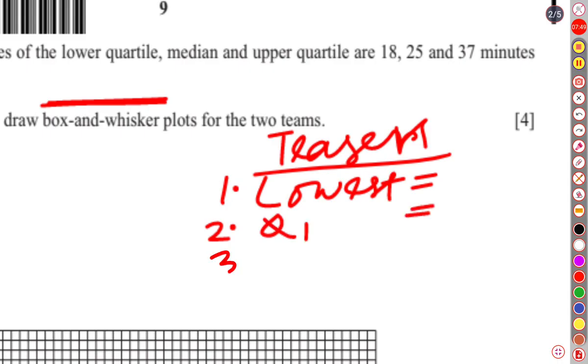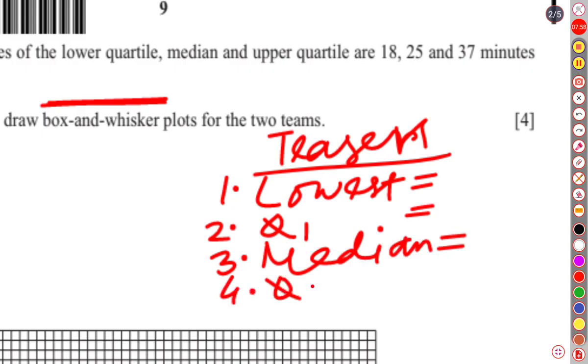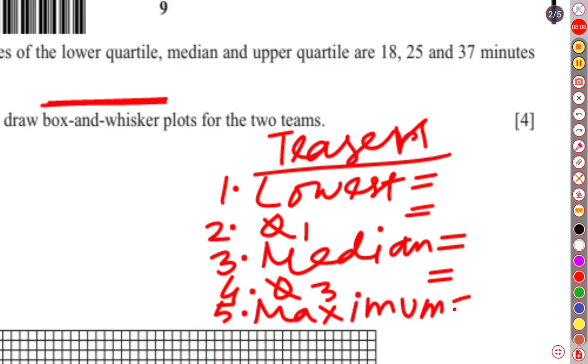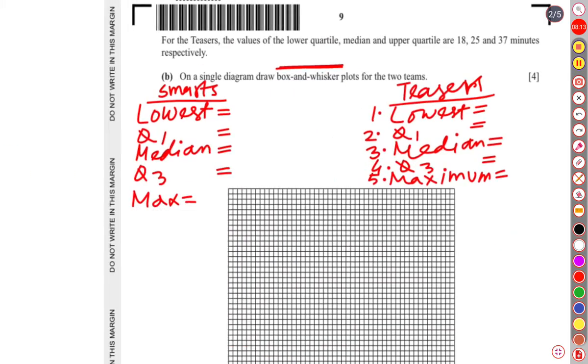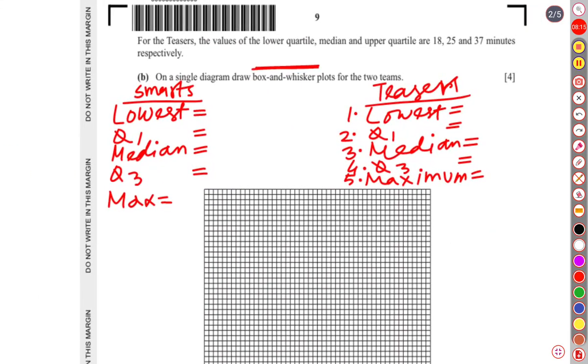Then median. Then there comes upper quartile, third quartile, and last of all it is maximum. So this information is required for us to draw a box and whisker plot.